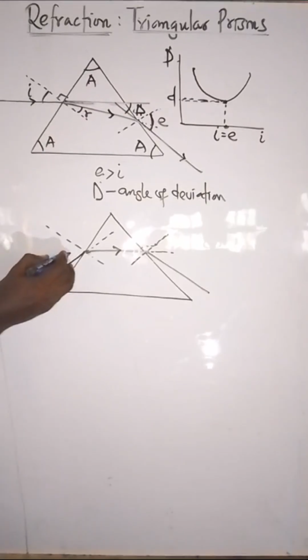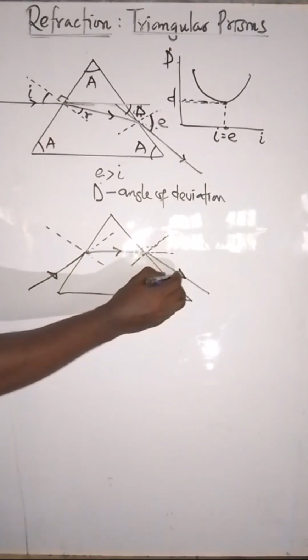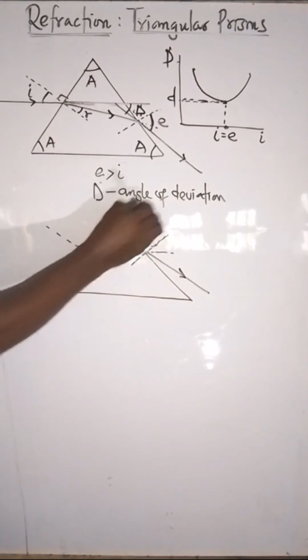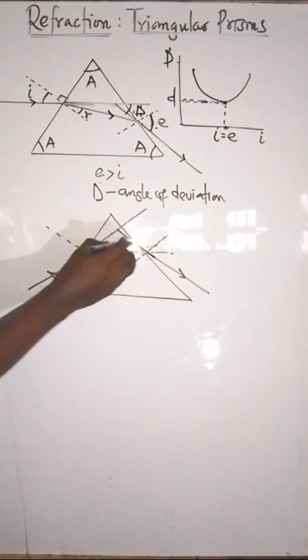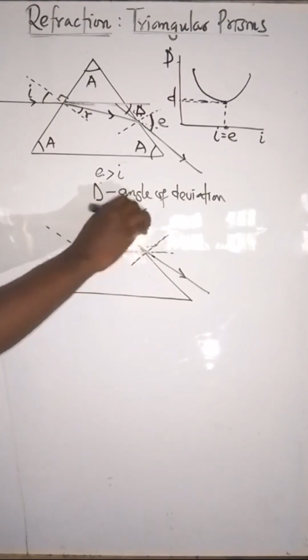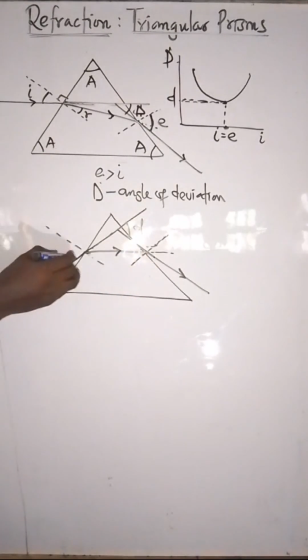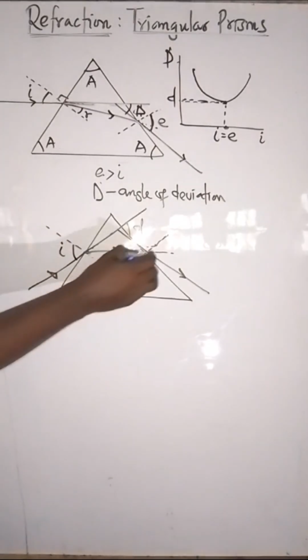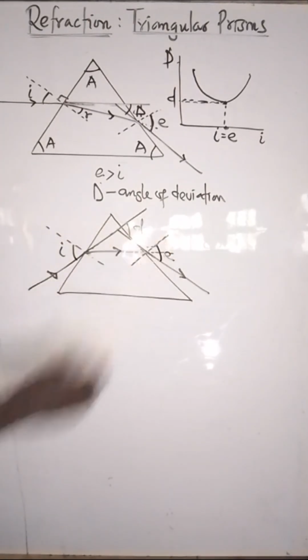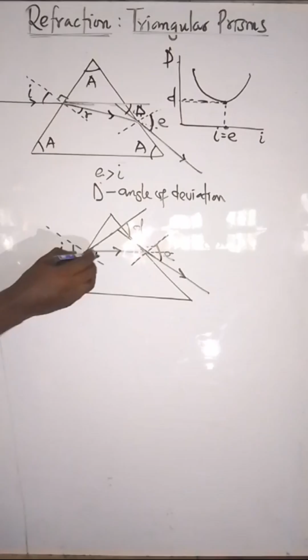This is the incident ray, refracted ray, emergent ray. Initial direction, final direction. This is the angle of minimum deviation. In that case, the angle of incidence I and angle of emergence E will be equal. And this is the angle of refraction.